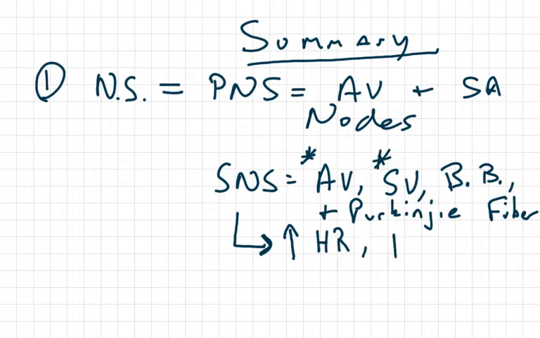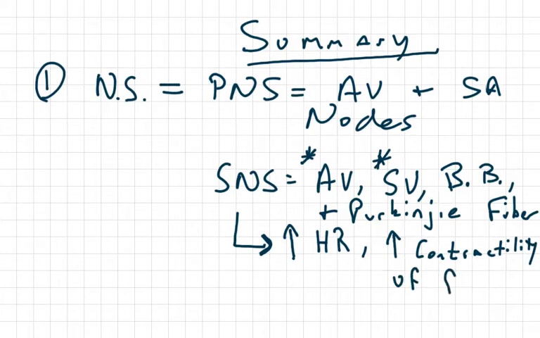It also increases contractility of the heart, and it does that where it innervates both the bundle branch and the Purkinje fibers. That's the first portion here.